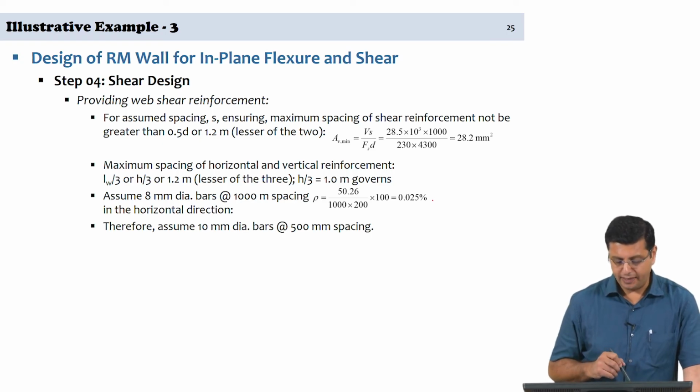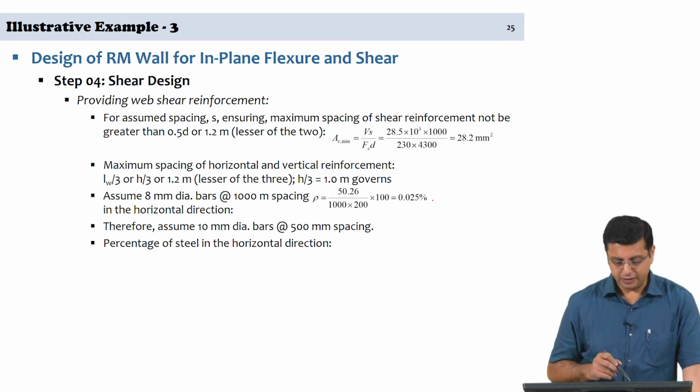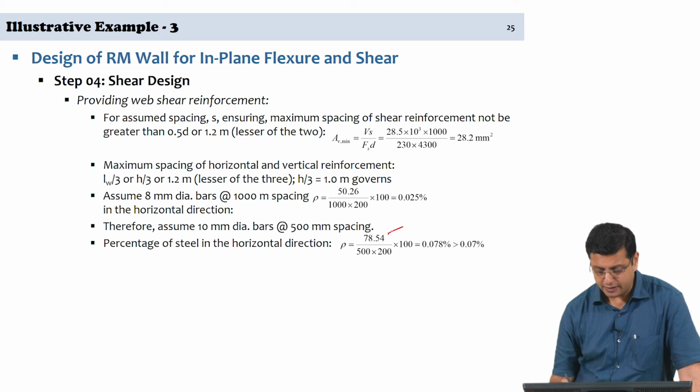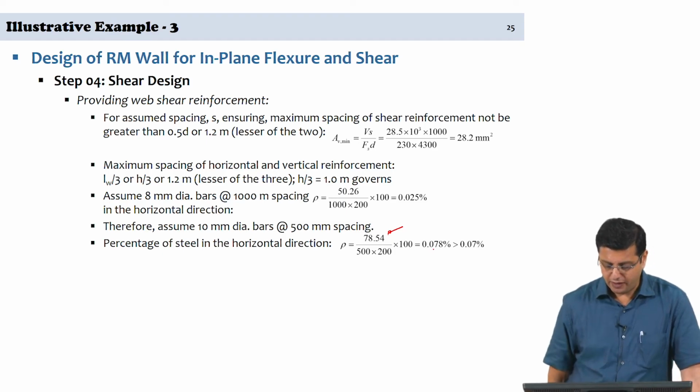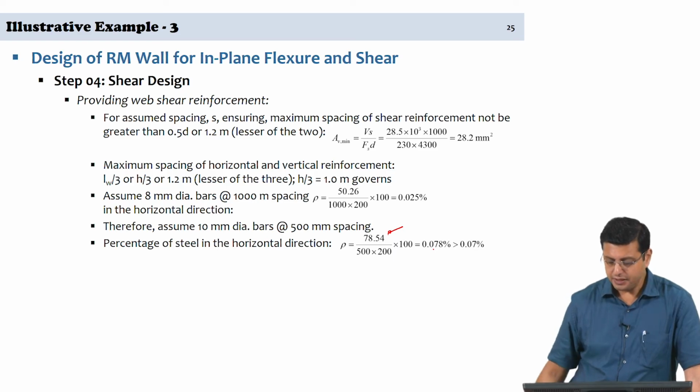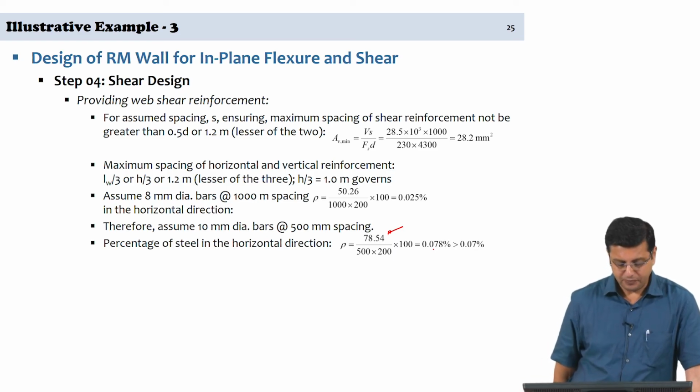Therefore, we assume 10 mm diameter bars at 500 mm spacing, and the percentage of steel in the horizontal direction is then estimated as area of one steel bar divided by 500 mm spacing, width of 200 mm into 100, and we get about 0.078%, which is greater than the 0.07% that is required.